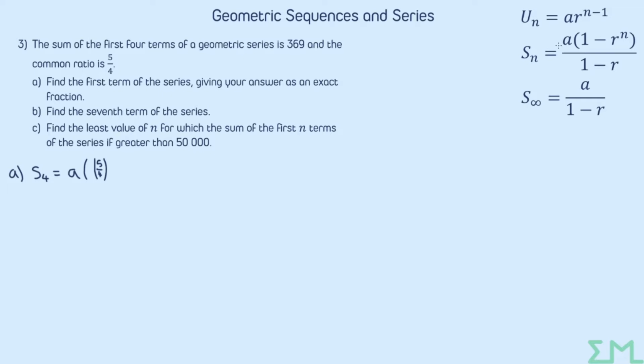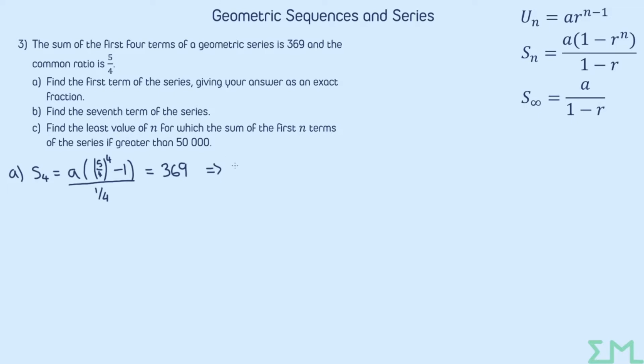So this, careful here, in the nth term, we use n minus 1. In the sum to n terms for geometric only, we just use n. So that's going to be to the 4, minus 1, over 5 over 4 minus 1, which is a quarter. And this therefore has to be equal to 369. So we can sort this out a little bit.